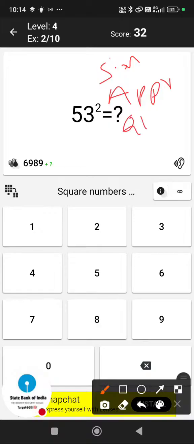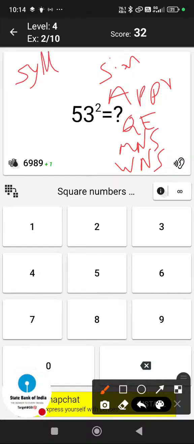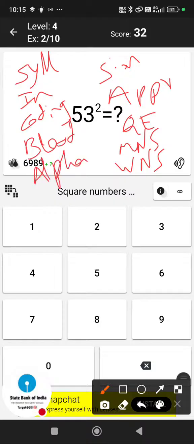Quadratic equations, missing number series, wrong number series, and in reasoning we are going to see syllogs, inequalities, coding, decoding, blood relations, alphanumeric series. These are the things we are going to see after this speed maths questions. So please watch till the end and practice with me.